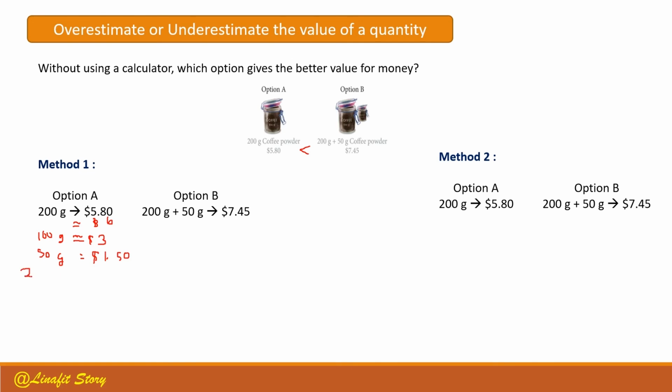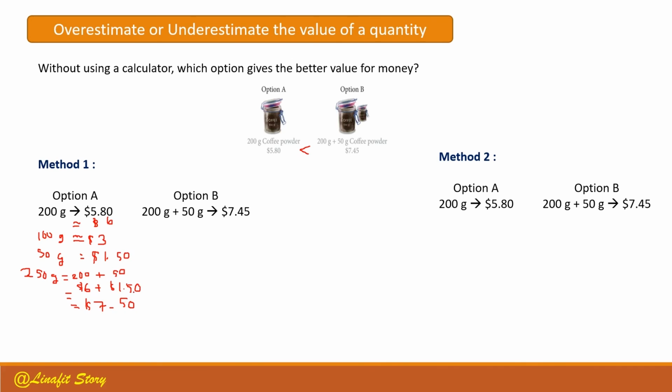So 250 grams is 200 grams plus 50 grams. So this is about $6 plus $1.50, which is equal to $7.50.